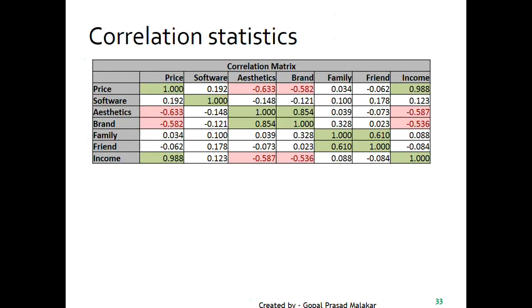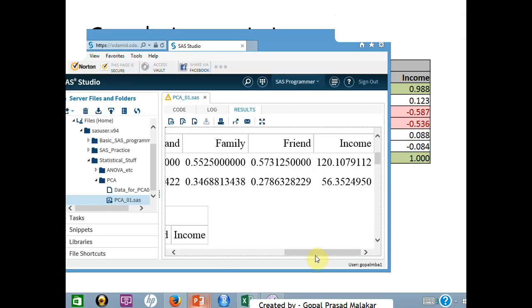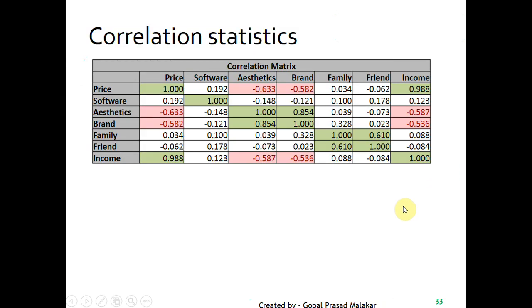Now it produces the correlation matrix. If I ask you whether it is R or R square, think of it: it has to be R, because it is negative and positive both. R square is not negative.